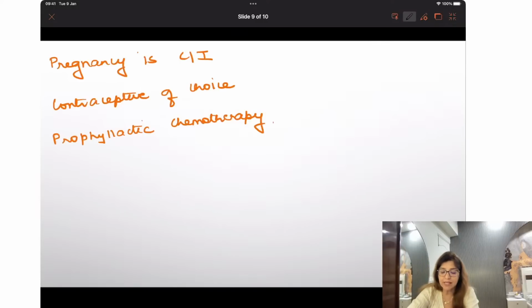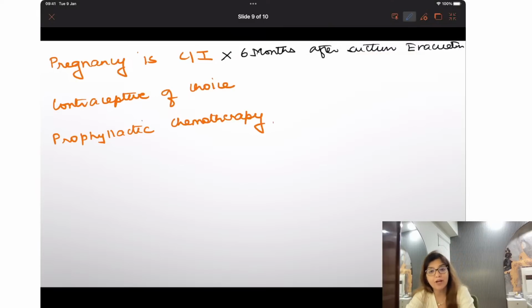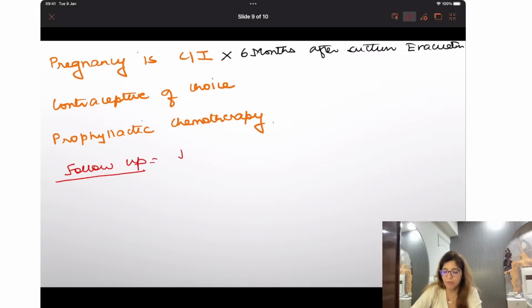Now, pregnancy is contraindicated for 6 months after suction evacuation. In 6 months, the patient should not conceive. Why? Because I will do follow-up. And how do you do a follow-up? For follow-up, you have to measure Beta-HCG value.